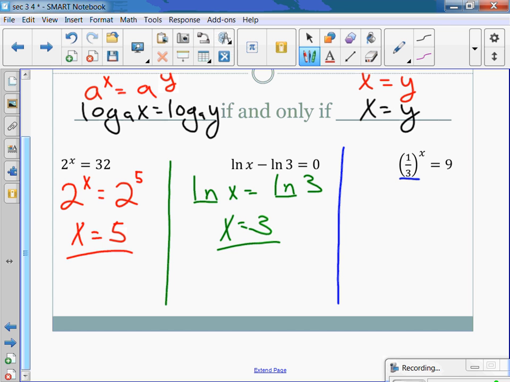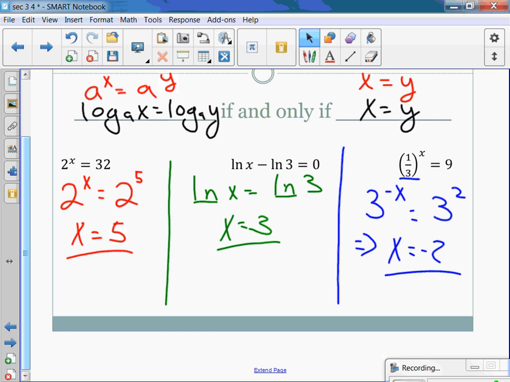With the x up there, 3 to the negative x, and 9 is just what? So I have the same base, I just say negative x equals 2, once again just using the one-to-one property. Sometimes that's the easiest thing to do for solving our equations.